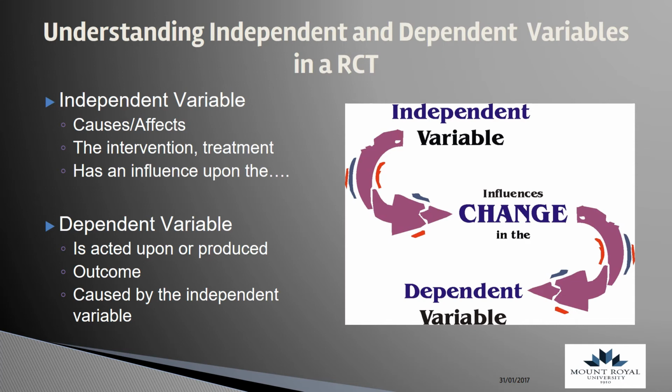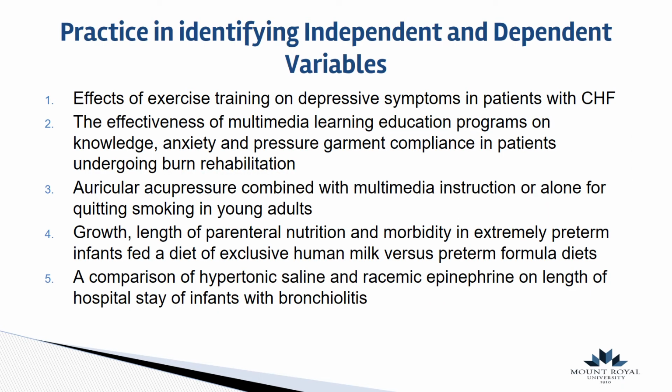Or it could be a new drug that we're going to test, and we want to see the influence of this new drug or medication on migraines, and we're maybe measuring incidence of migraines, severity of migraines, frequency of migraines, those types of things.